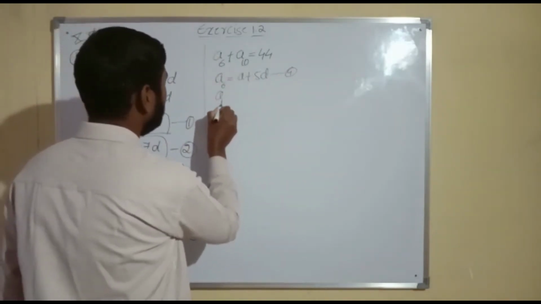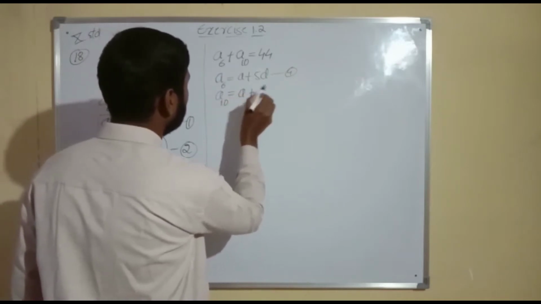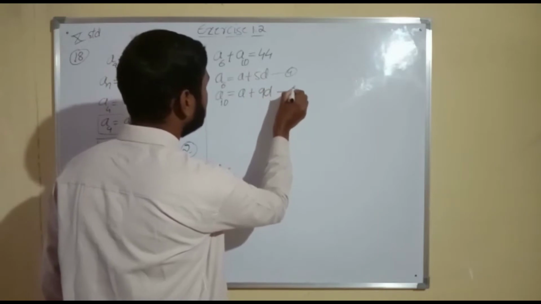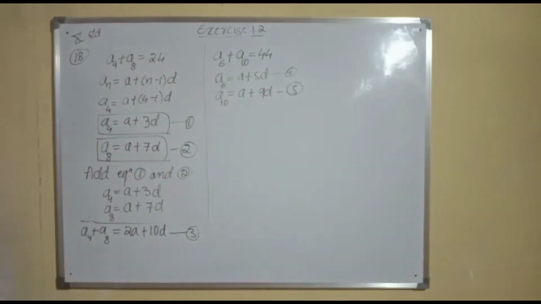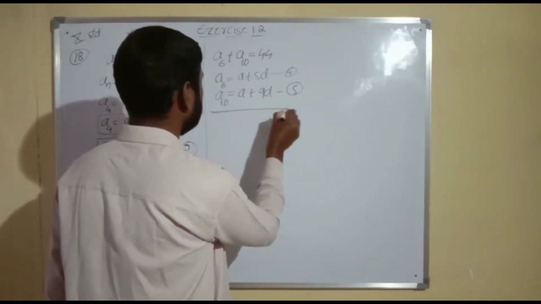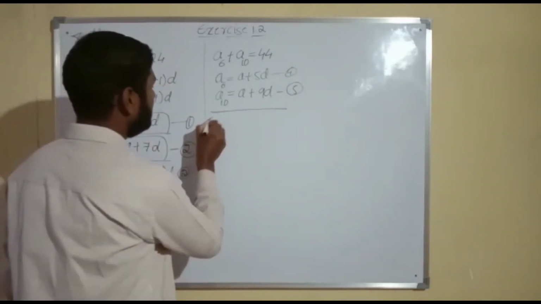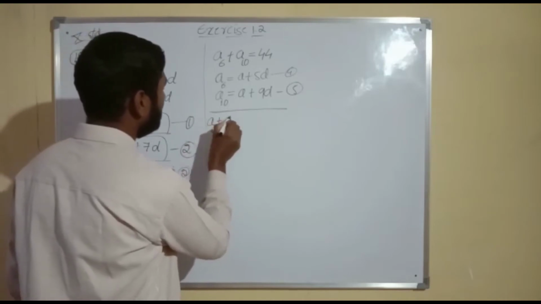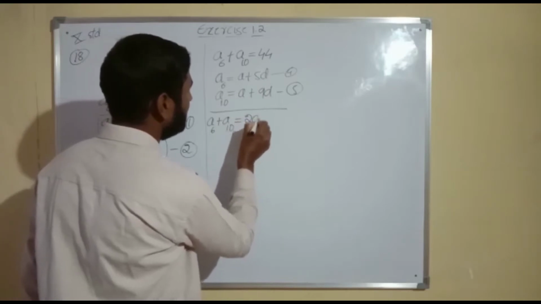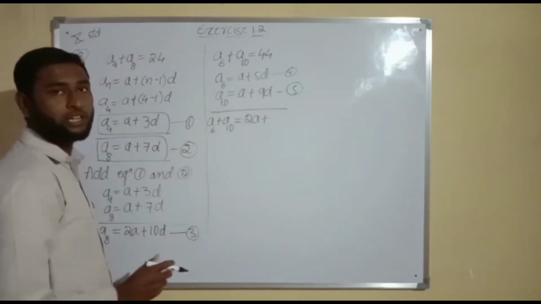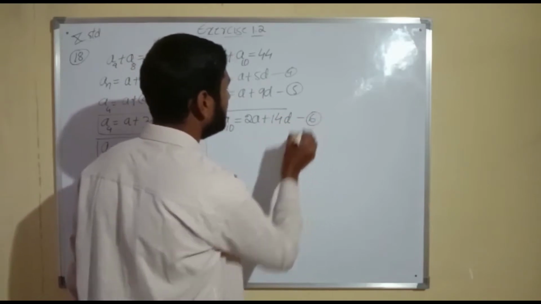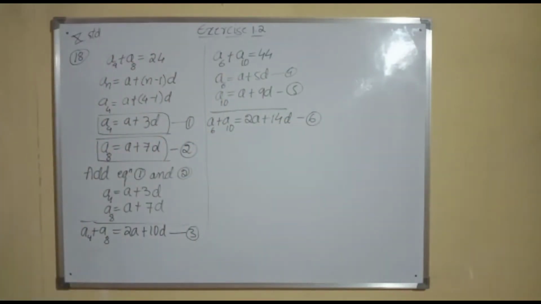Here A10 is equal to a plus (10 minus 1), which is 9d. Let it be equation number 5. If you add both of these equations, A6 plus A10 is equal to 2a plus 5d plus 9d, which is 14d. Let it be equation number 6.